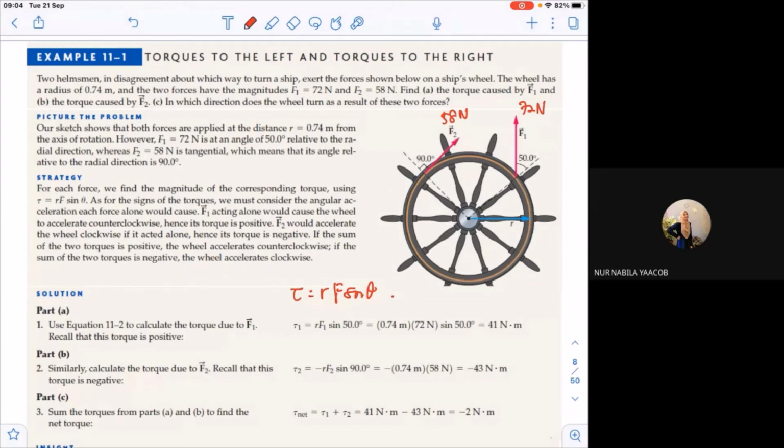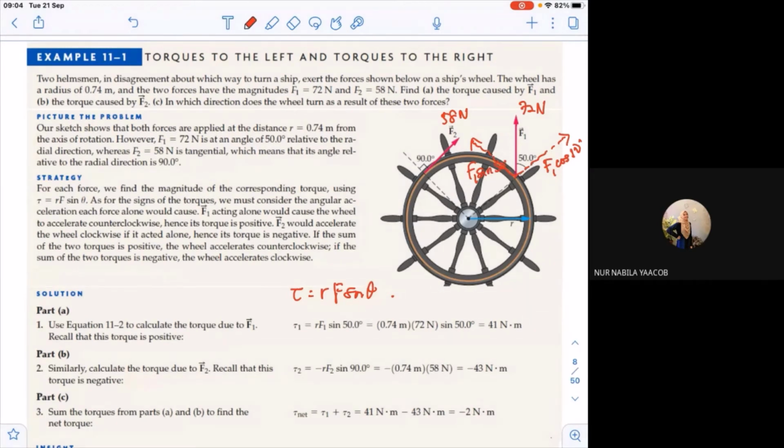Why sine 50? Because, if you look carefully, this 50 is here, so this one is F1 cos 50, and the one here is F1 sine 50.